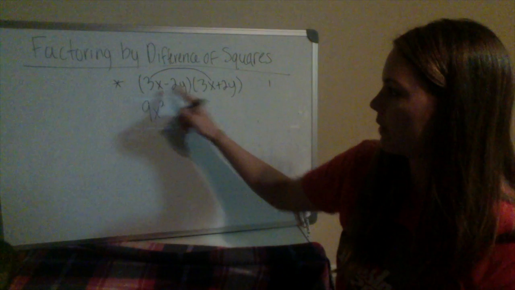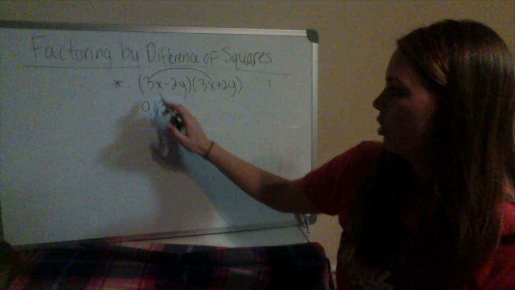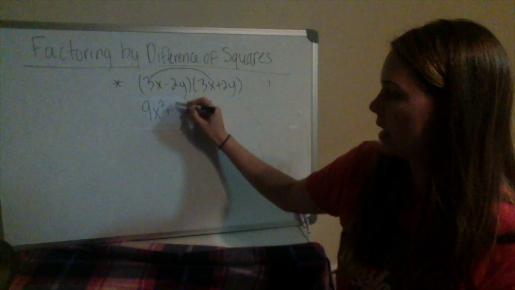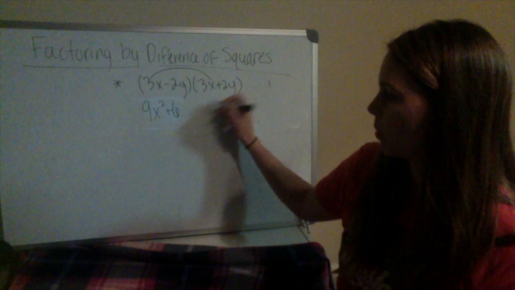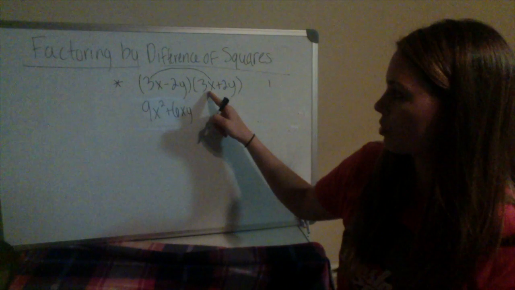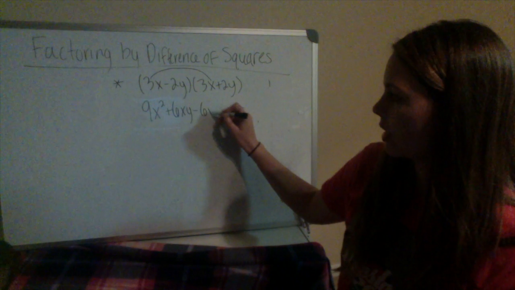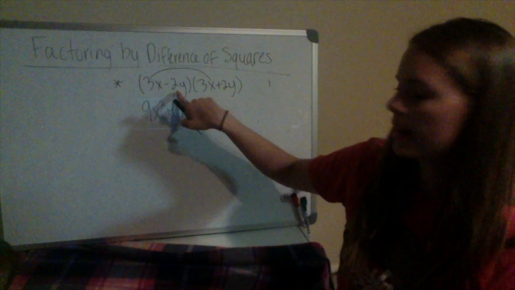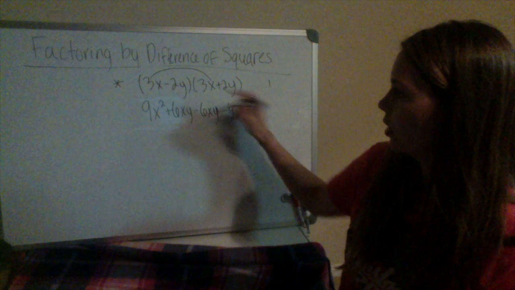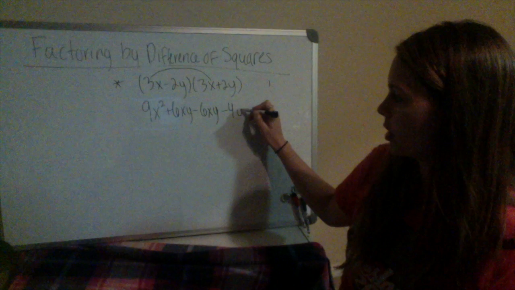When you're multiplying variables, you add exponents. 3x times 2y is 6xy, alphabetical order. Negative 2y times 3x is negative 6xy. And negative 2y times 2y is negative 4, added exponents, y squared.